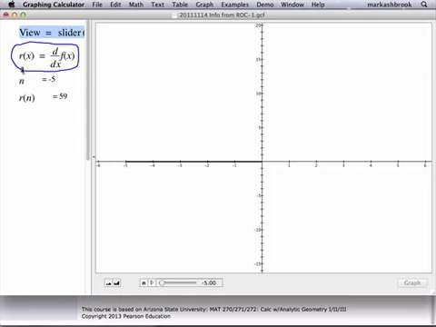The R of x equals the rate of change of f of x with respect to x. Okay, she said this function r of x is a rate of change function, and it's the rate of change of f with respect to x. Dan, you agree with that? Yeah, exactly right.